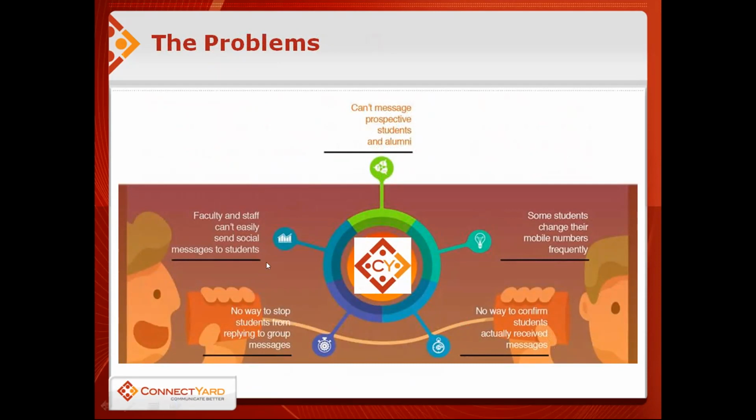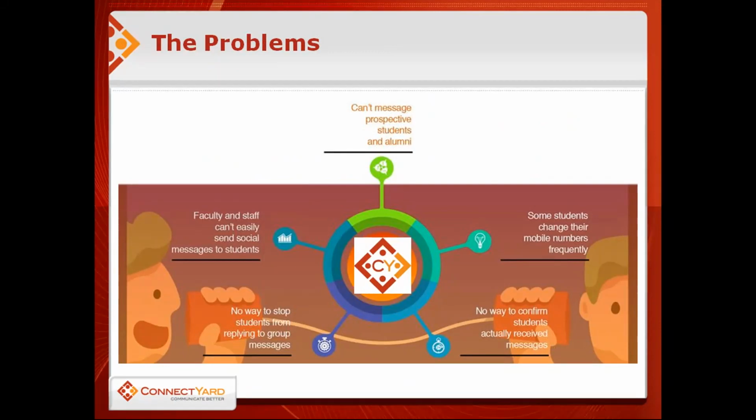Faculty and staff did not have easy access to message students, and in some cases, they had to contact the IT department to send out any text messages if they were required. So it was very cumbersome and really a delayed communication.